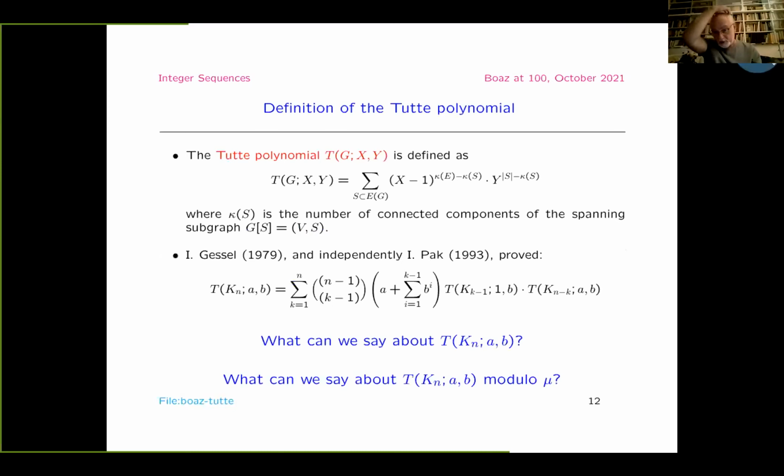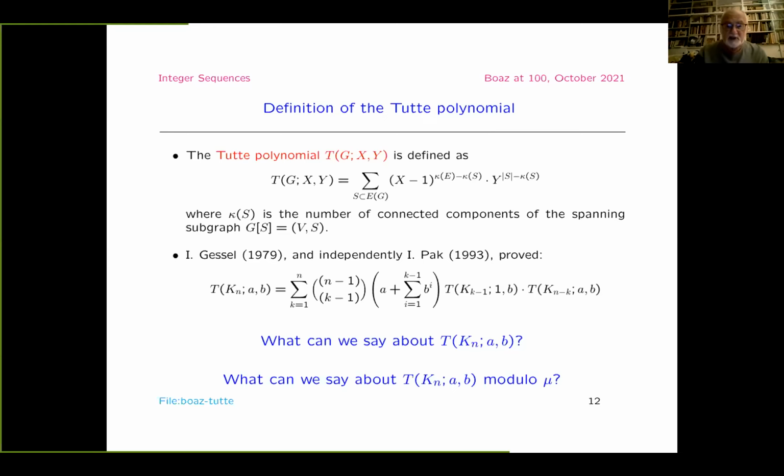Now, we will do this for the Tutte polynomial. The Tutte polynomial is a two-variable graph polynomial defined like this, (x-1) to the k, there is a misprint here, there should be (y-1) also, where the exponents depend on the number of components of a subset and the number of vertices. And it turns out that even computing the Tutte polynomial for a clique is not easy at all.